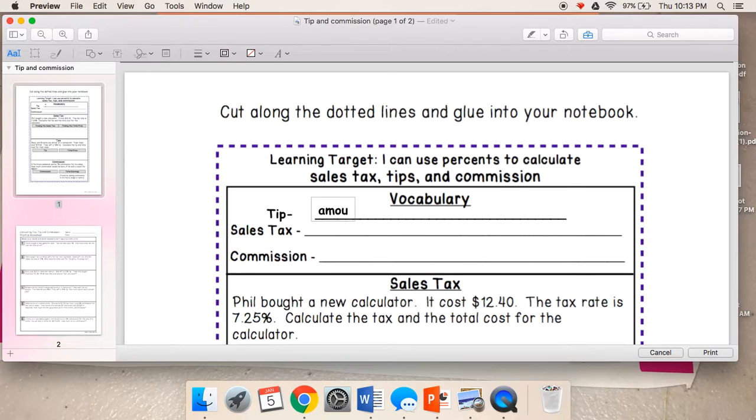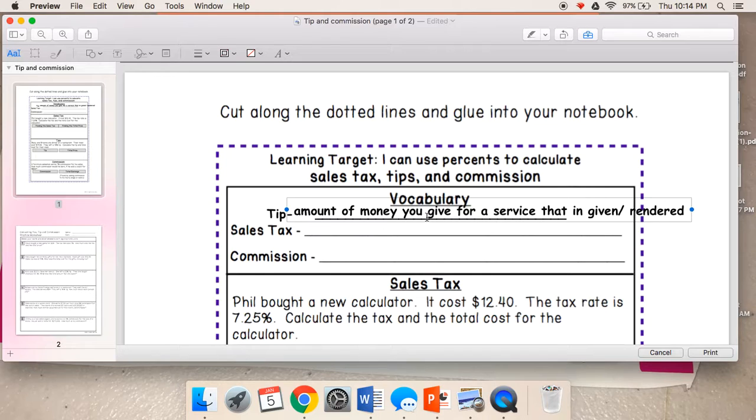So this is going to be the amount of money you give for a service that is given or rendered to you, something that somebody does for you. So you give them some money on top of that.